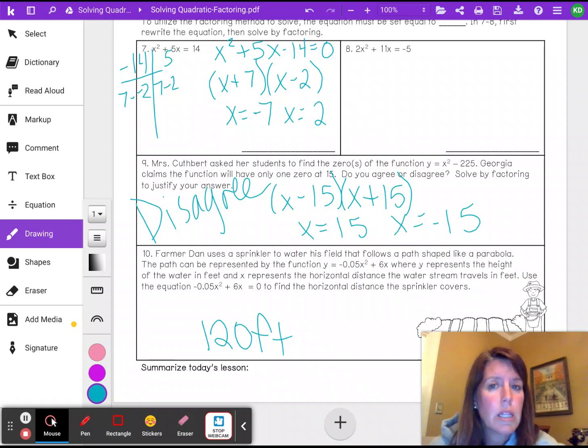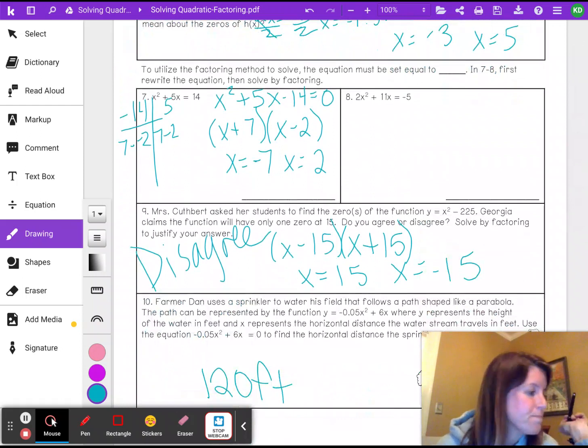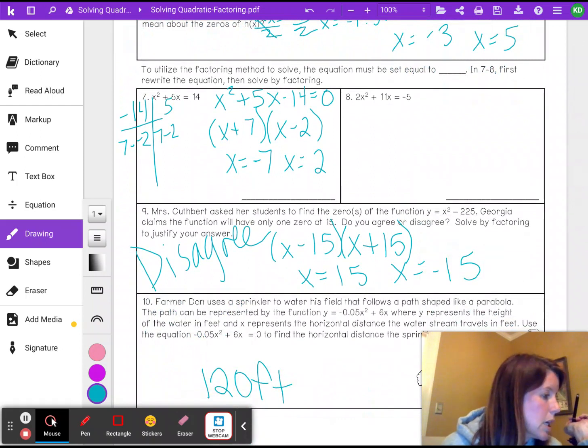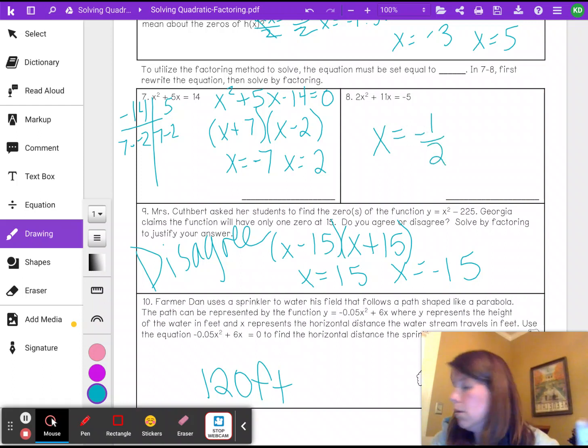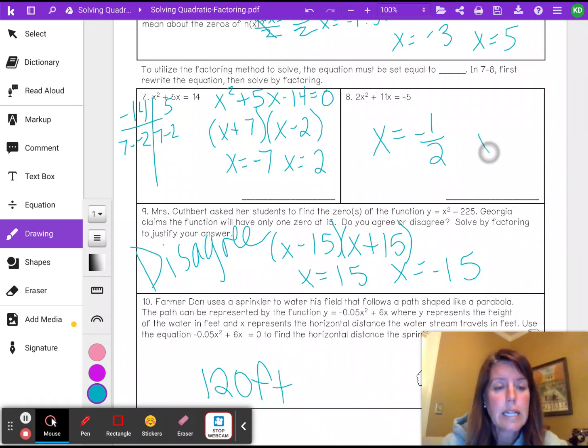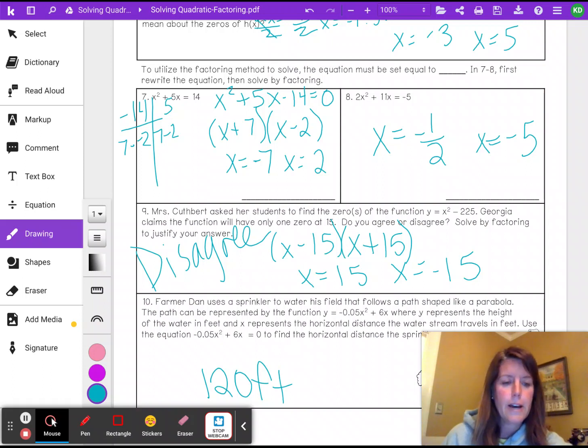Okay, so in the interest of time, I'm going to go back. So number 8, your answers, let's see, when I worked it out, x equals -1/2 and x equals -5. Okay, hopefully you all got that.